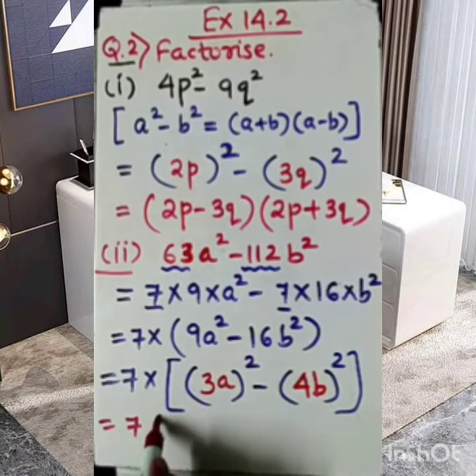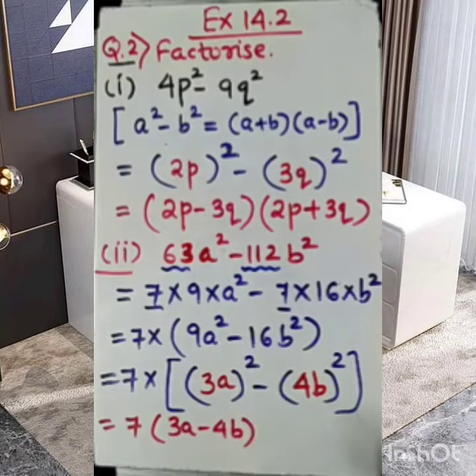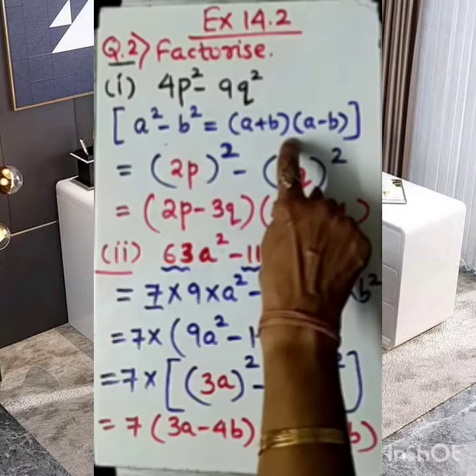In the bracket I need to mention 3a minus 4b, one time minus and one time plus, 3a plus 4b. So the complete solution of this is 7 in a bracket, 3a minus 4b and 3a plus 4b, after applying the third identity.